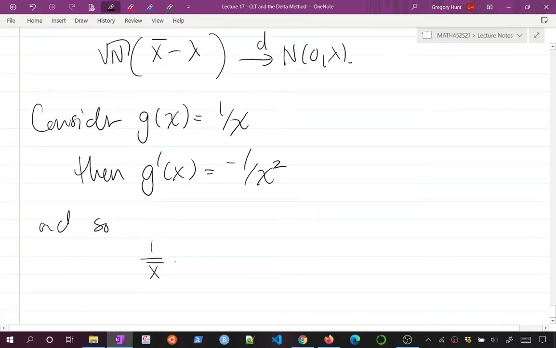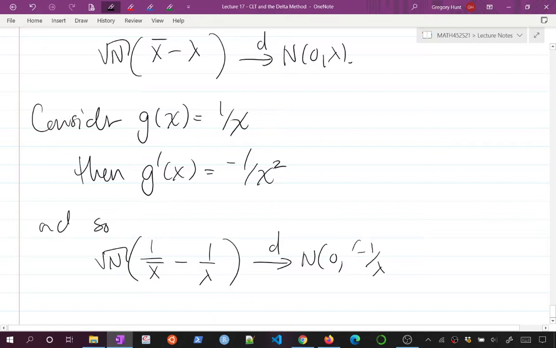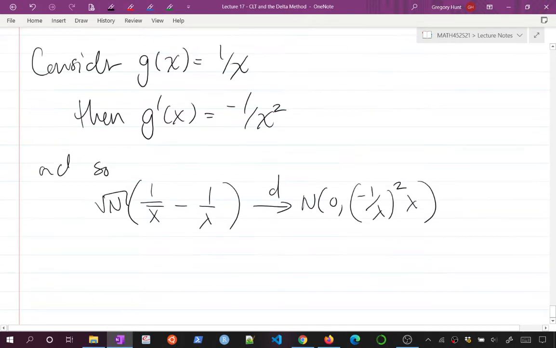Now look at 1 over x bar minus 1 over lambda. The delta method says that this converges to a normal 0, and I have to multiply by g prime of lambda squared, negative 1 over lambda quantity squared, times lambda, and that is a normal 0, 1 over lambda distribution.